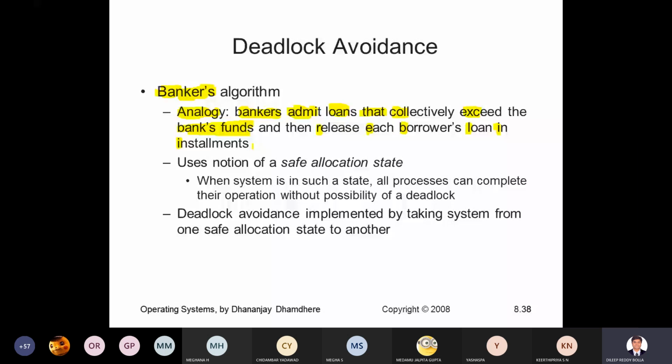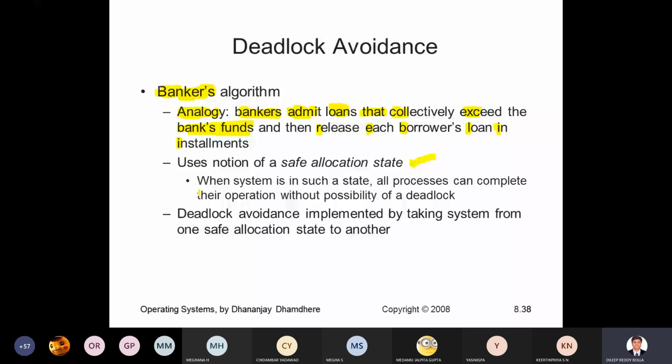So let us see what is happening in this banker's algorithm in the operating system. Whenever we have a system in which we allocate processes or resources, all the processes can complete their operation without the possibility of a deadlock. Before the deadlock occurs, the processes can complete.